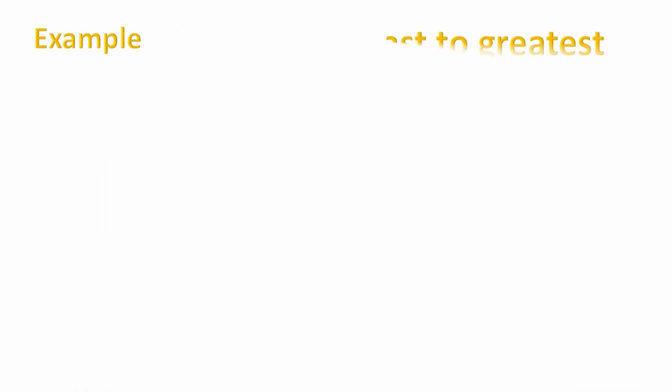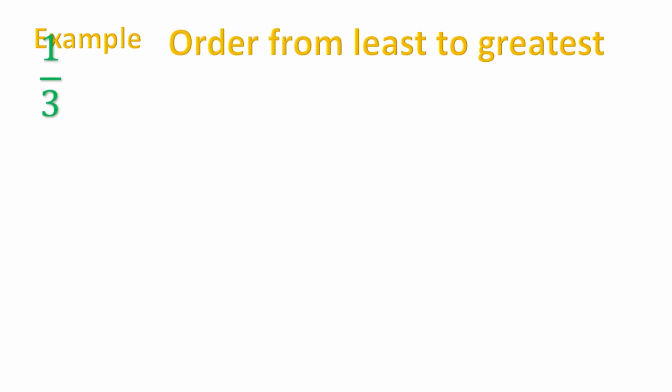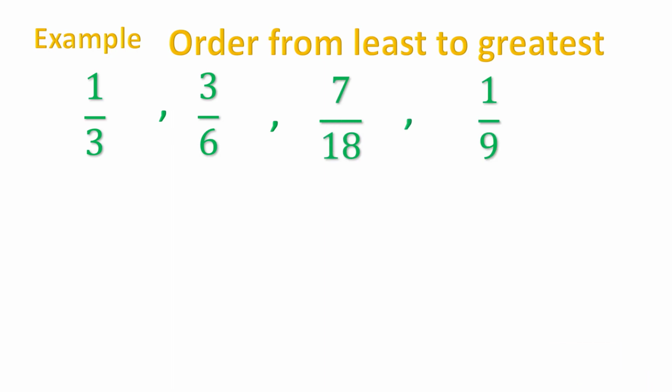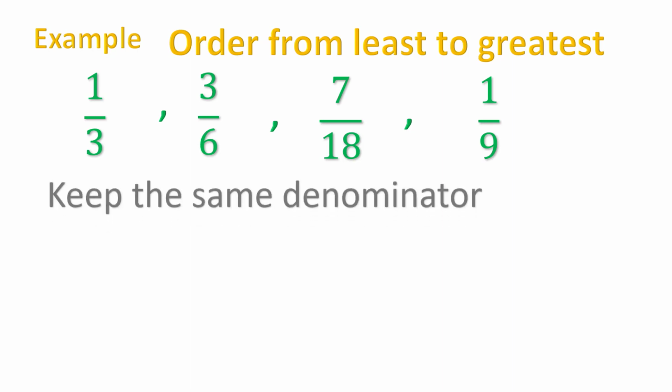Next, we have another example. Order the following fractions from least to greatest: 1/3, 3/6, 7/18, and 1/9. The first and second and the last one have denominators 3, 6, 9. We can make the denominators here 18.